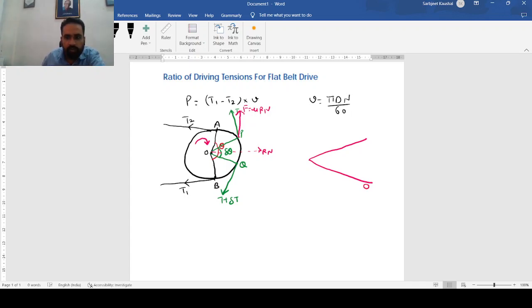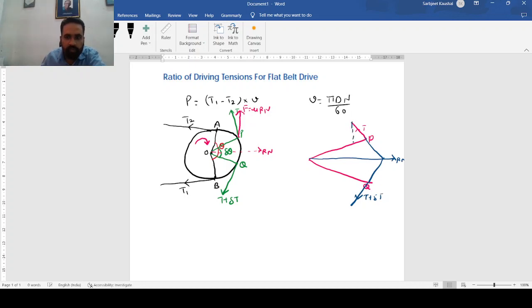So this is point Q, this is point P, and at point P we have the tension T. Consider here we have the normal direction R N. You can just extend this point. Here we have the tension T plus delta T.